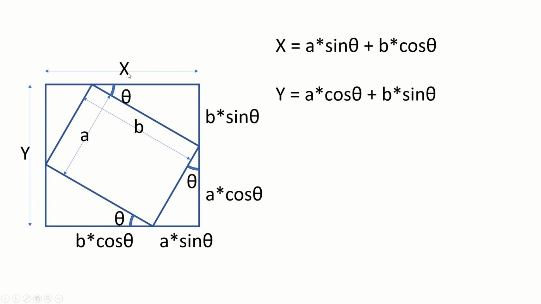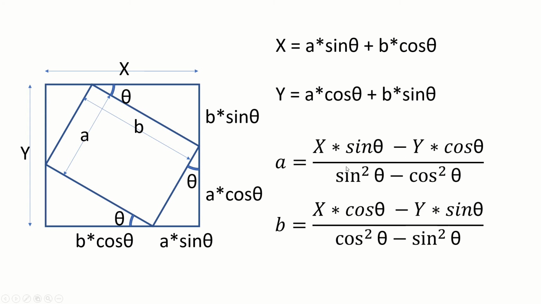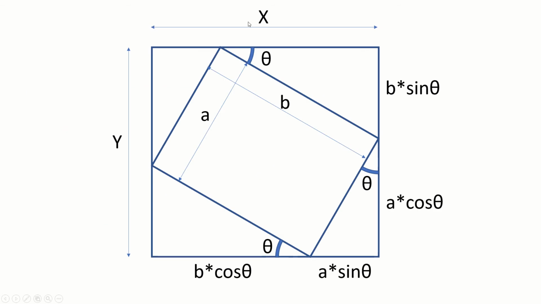Therefore, we have x equals b cosine theta plus a sine theta, y equals b sine theta plus a cosine theta. We want to know a and b. We already know x and y. Therefore, a equals this, and b equals that. Now we know x and y and a and b.